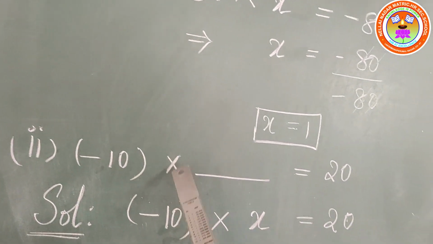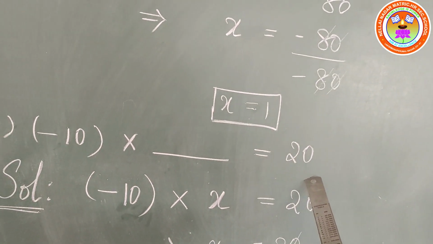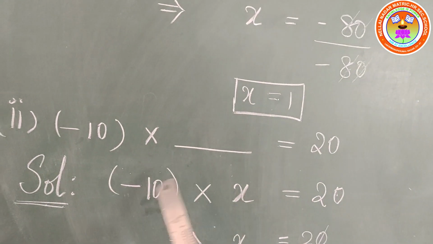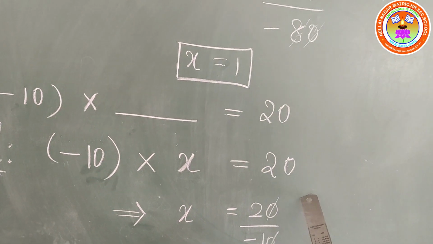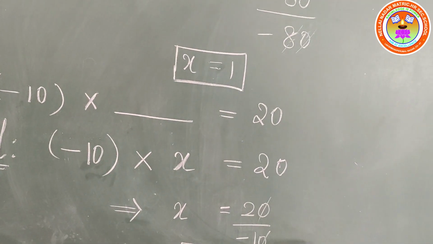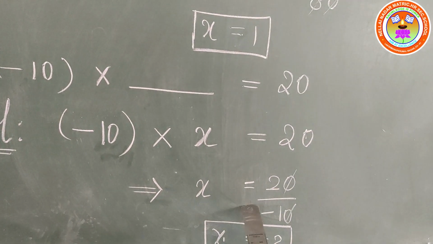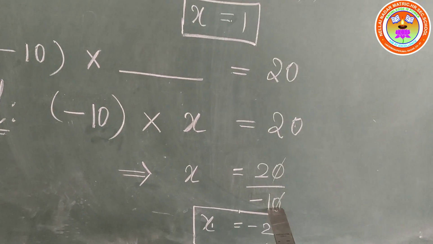Minus 10 into blank gives 20. Okay, so as usual we are going to take the unknown value as x. So minus 10 into x is equal to 20. Now transpose this to the other side. So multiplication becomes division. X is equal to 20 divided by minus 10, with the symbol.